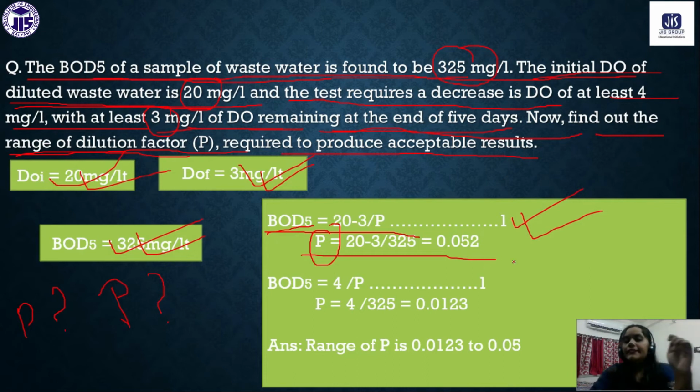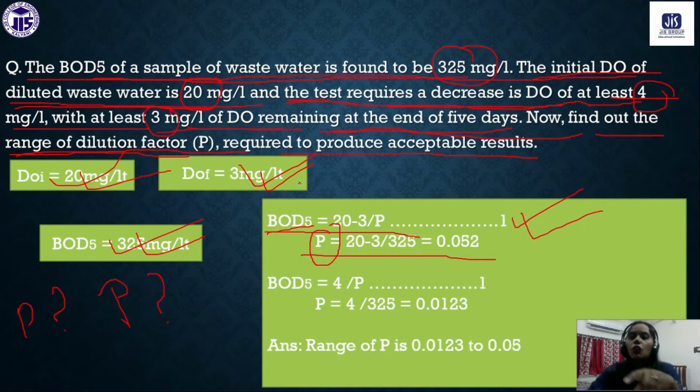Now the question is, this is value number 1. So how can we get the second value? Again check the question. Here, look here, we have one more piece of data: the test requires a decrease in dissolved oxygen of at least 4 milligram per liter.